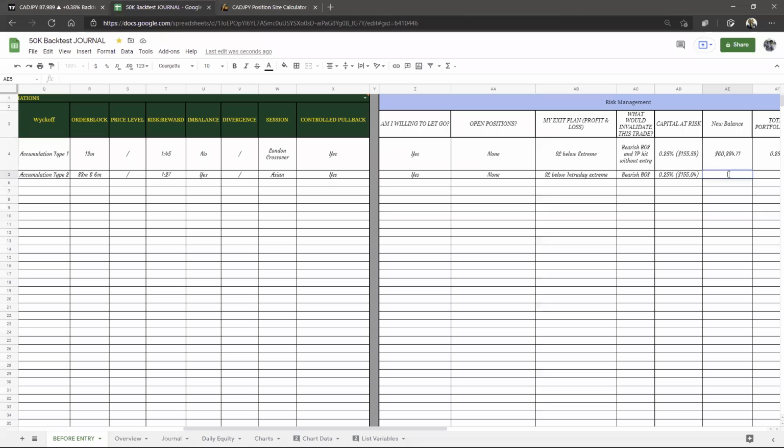The new balance, if stop loss was to get hit, would be 61,860.99.